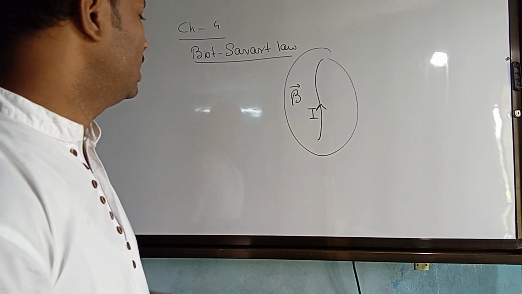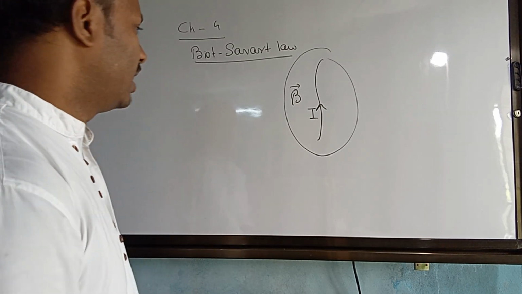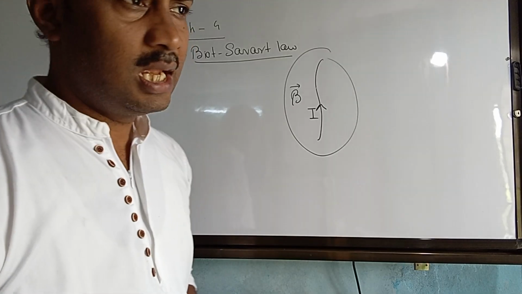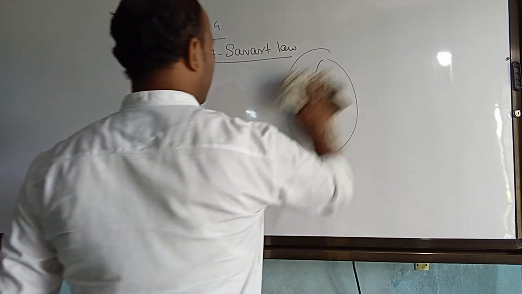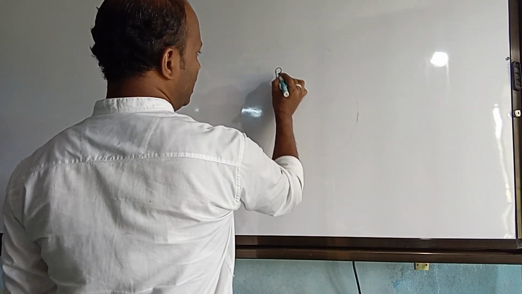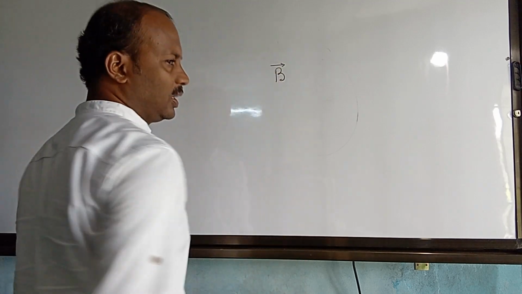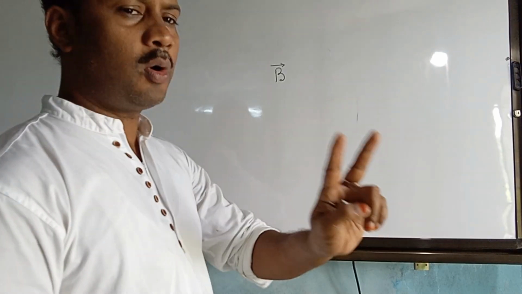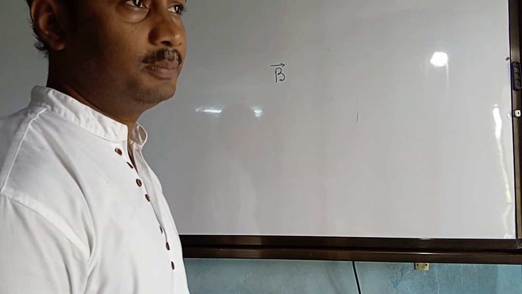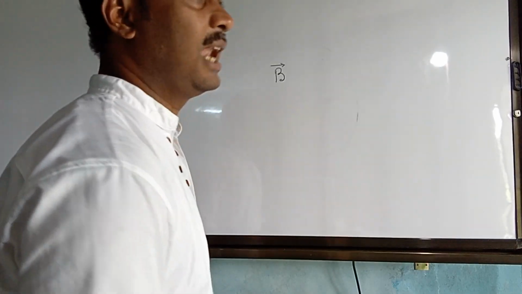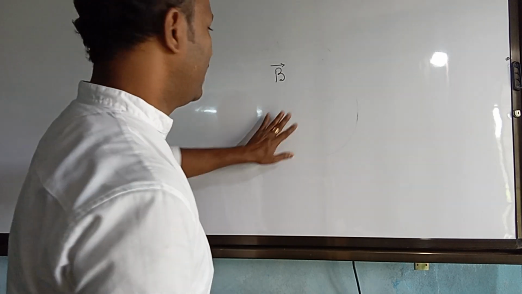तो Biot-Savart law जो है ना उसका थीम क्या है? To find out the magnitude of the magnetic field. So ये जो मैग्नेटिक फील्ड होता है ना, ये मैग्नेटिक फील्ड किसकी वजह से फॉर्म होता है? The magnetic field, denoted by B, is a vector quantity. The magnetic field is formed for two components. Number one, the current passes through the conductor, and number two, the magnetic moment.